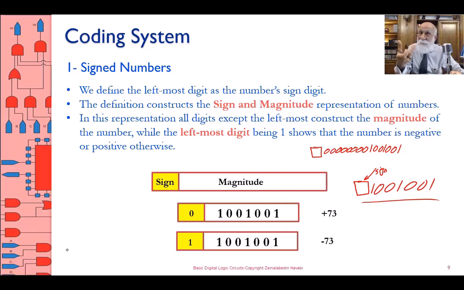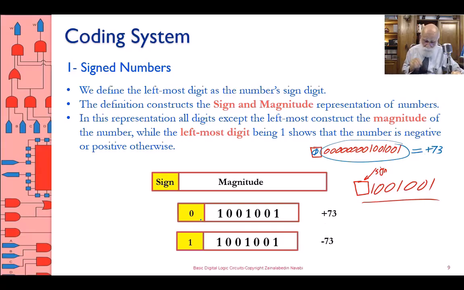if it is an n-bit number, n minus 1 bits represent the magnitude in binary. And then the leftmost bit is not part of the magnitude, it is the sign bit. A 0 for plus, a 1 for negative. So what I'm writing here is plus 73 in 16-bit sign and magnitude representation.